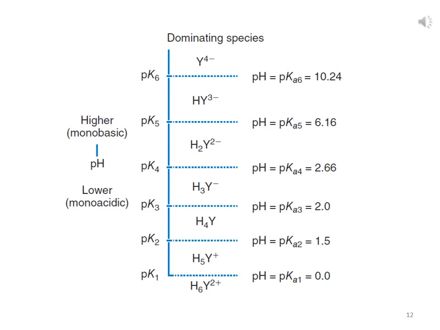So above there is a higher monobasic, and in the lower values are lower monoacidic values. The pH will increase in the above, and decrease in the lower values. The dominating species in dissociation of EDTA will be Y4 negative, which occurs at pH 10.24.